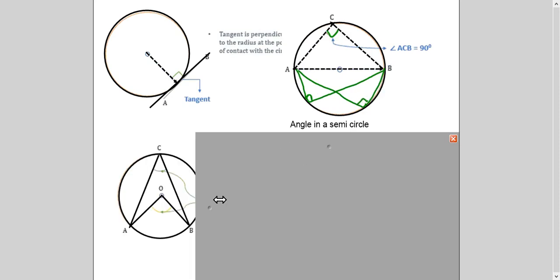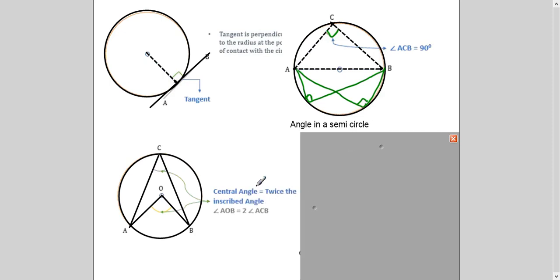Next property is called angle at the center is twice the angle at the circumference. Now, if you see this arc AB, if I join AB and make a chord, the chord AB makes an angle at the center of the circle and the same chord makes an angle at the circumference.